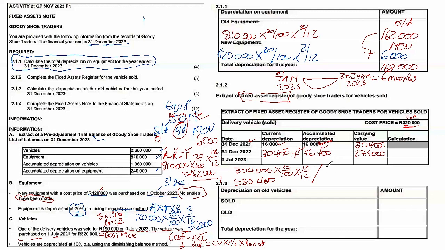Remember, our carrying value was 273,000, and then you multiply by 10%, and then you multiply by 6 over 12. So our depreciation will now be 13,608.